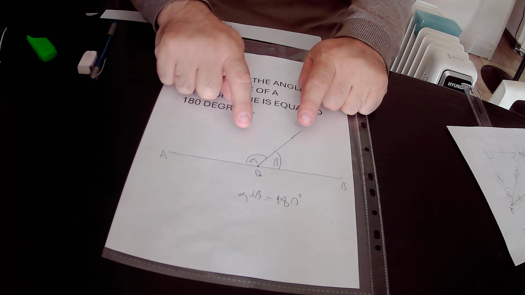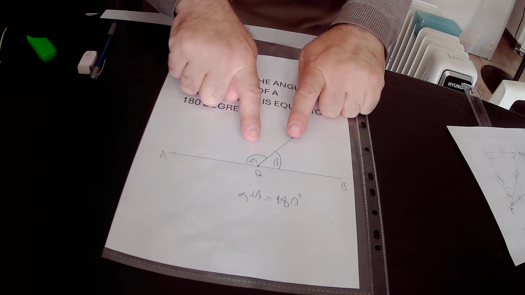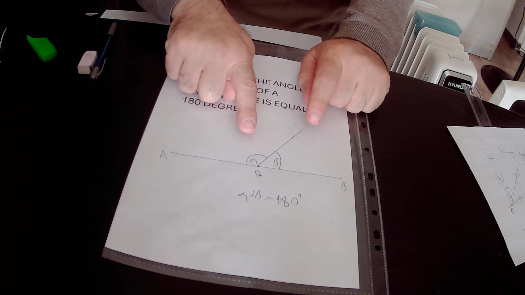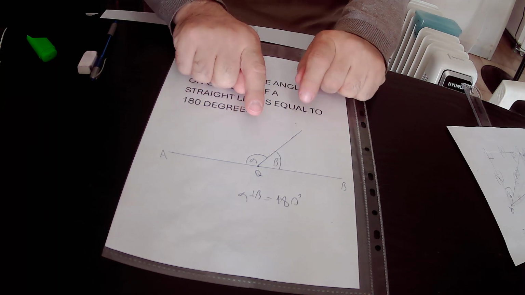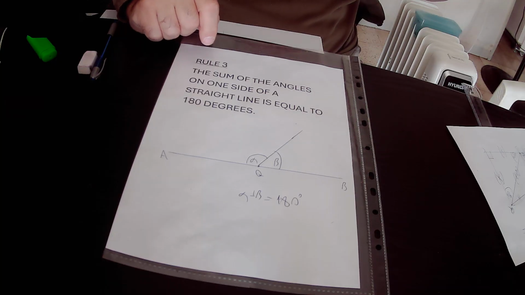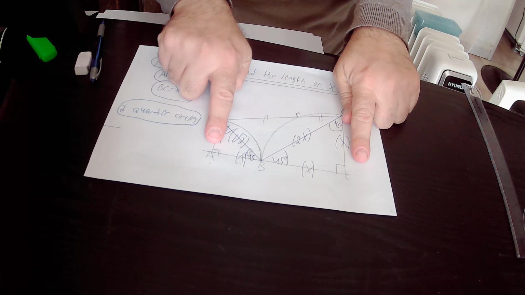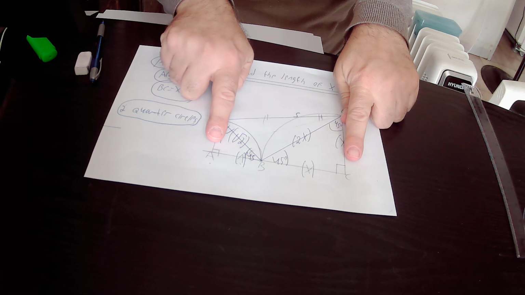So which angles do we have on the upper side of AB at point Q? We have this angle alpha and the other angle that is beta. So alpha plus beta must be equal to 180 degrees according to this rule number 3. So we actually can implement rule number 3 in our drawing. Why? Because in our drawing we have this straight line AC.